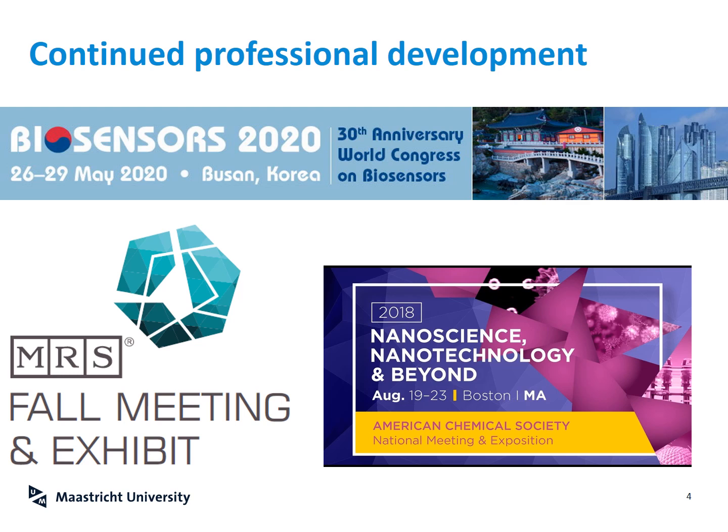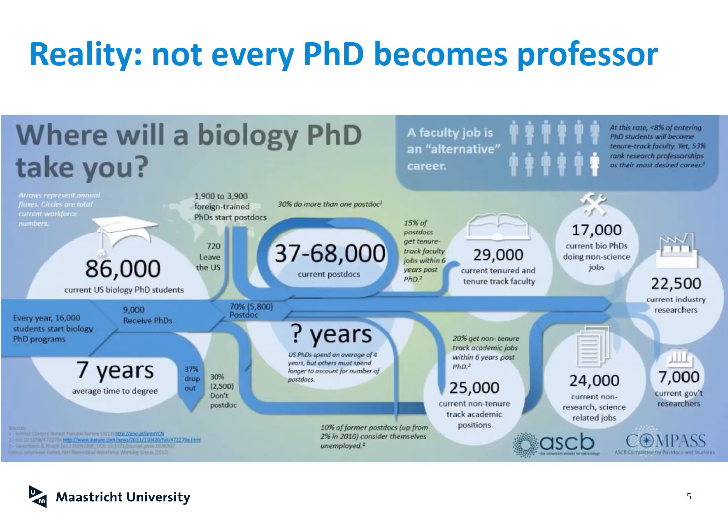In addition to the academic ladder, science is obviously also a big part of the industry. For instance, this figure shows you what you can do with a biology PhD. As you see, not a lot of people that obtain a PhD will end up becoming professors, only a very small fraction.